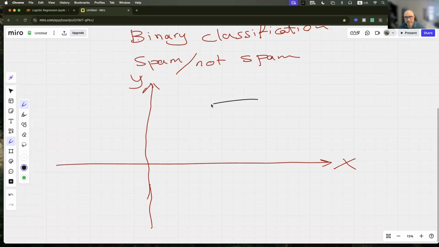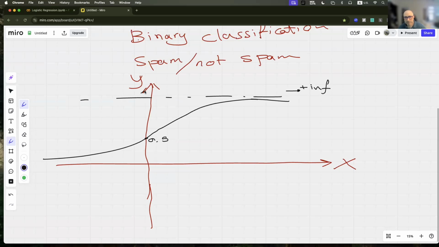It has an S shape. At 0, this is 0.5. As X goes to positive infinity, this goes close to 1, and as X goes to negative infinity, this goes towards 0.